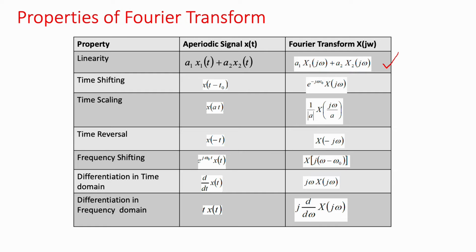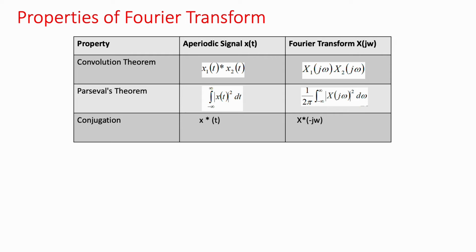Frequency shifting: e power j omega naught t x of t gives x of j times omega minus omega naught. Differentiation in time domain: d by dt of x of t gives j omega x of j omega. Differentiation in frequency domain: t into x of t is nothing but j dx of j omega divided by d omega.